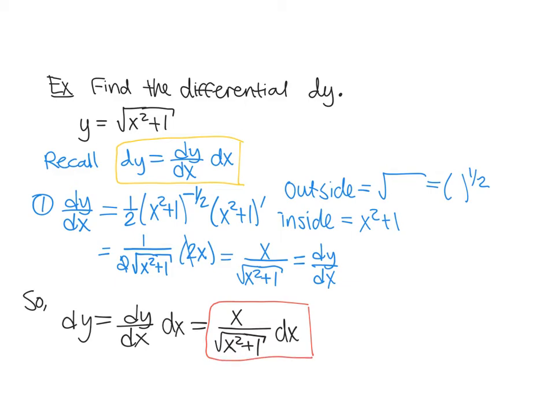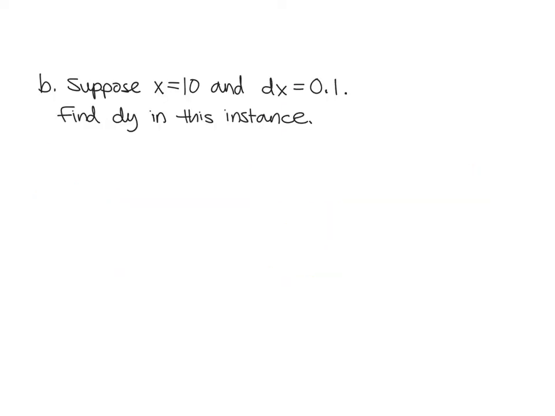Okay, now that looks a little weird, so let's do a part B. Part B is: suppose x equals 10 and our differential dx equals 0.1. Then find the differential dy. Here it is written down. So we just have to use what we found before.